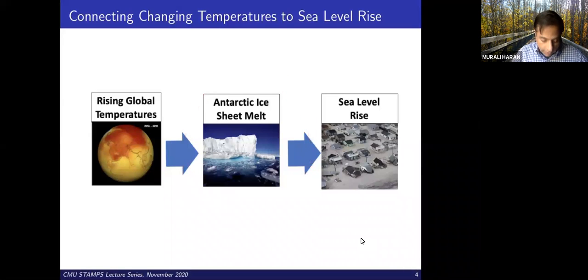I'm going to assume that the rising global temperatures, and essentially the giant models that one works with to study things like global temperatures, general circulation models and such, are outside the purview of this problem. I'm going to focus entirely on the ice sheet models here, and treat the other stuff as given. And this is a complicated enough problem, as you will soon find out.